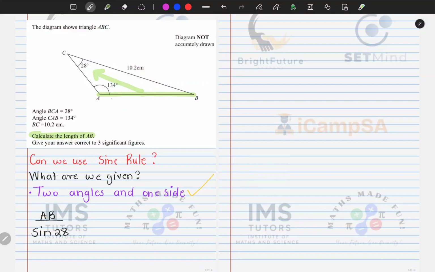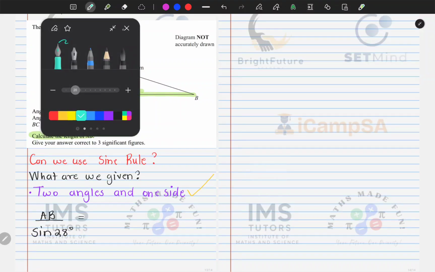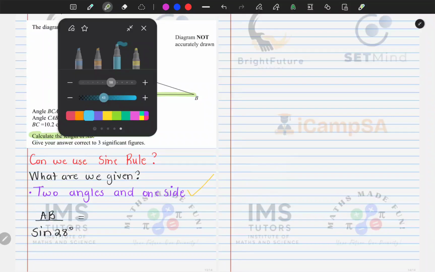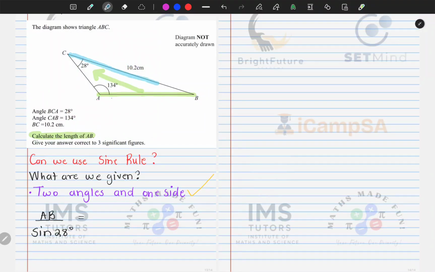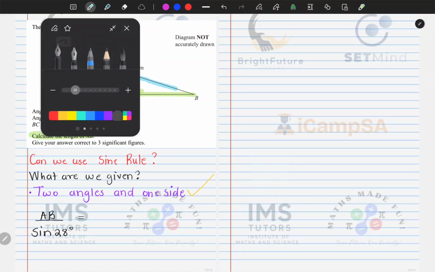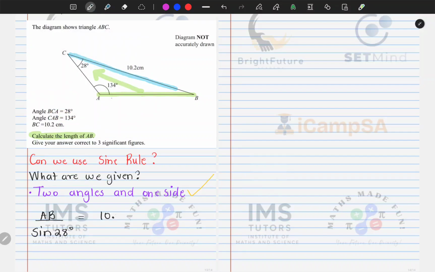So this will be sine of 28 degrees, equal to another side. The side we have there is 10.2, divided by what is opposite that side, and the angle opposite is 134, so sine of 134 degrees. And this will be equal to the third side as well. Let's go and put it.